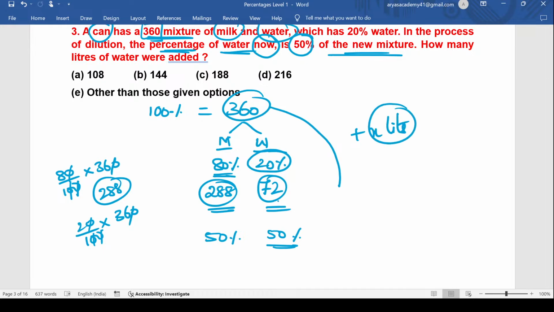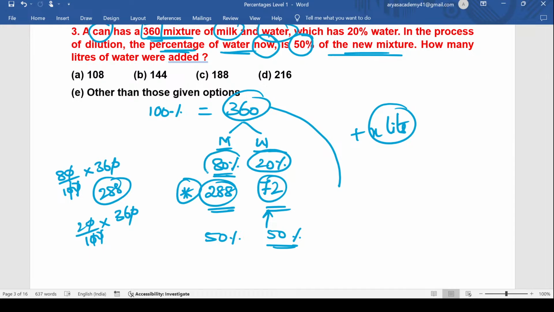Because of the addition of X liters of water, the percentage of water has gone up, right? As we have added water, the percentage of water has gone up and the percentage of milk has come down. But you have to understand the point that we just added water, but we have never removed the milk. Milk quantity remains the same, 288 liters only.